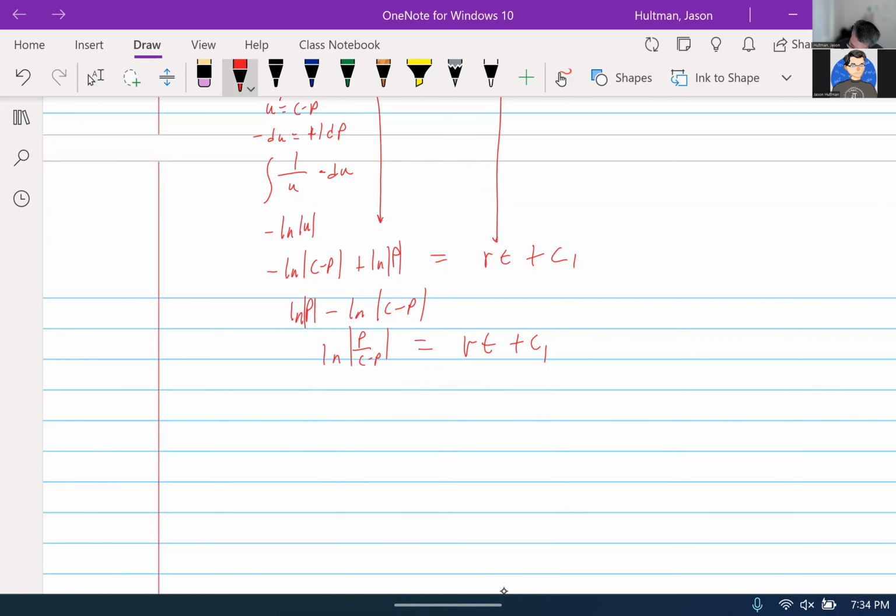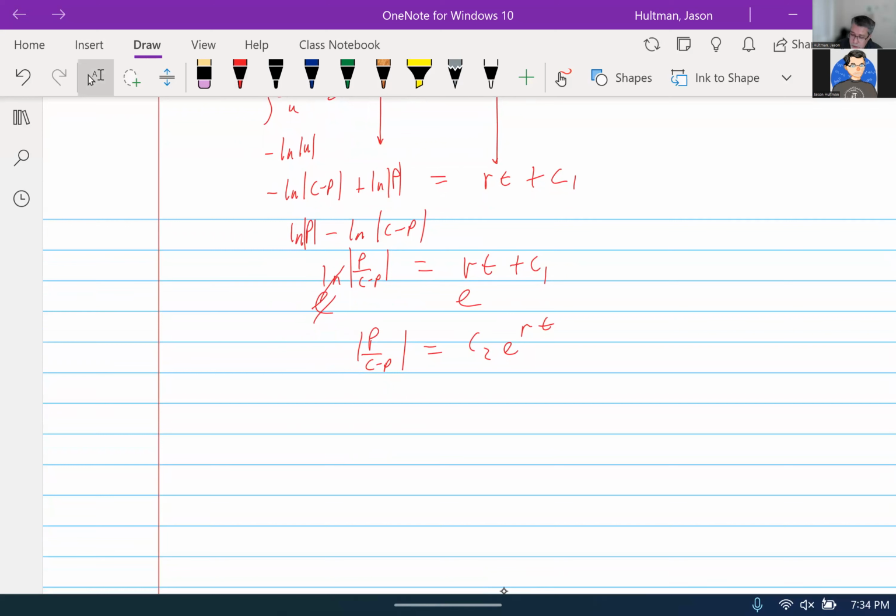So the natural log of p, let's make this base e. Absolute value of p over c minus p is equal to C2 e to the rt. And then I'm going to do my little trick with the absolute value, basically turning C2 into C. I can get rid of the absolute value because it doesn't matter what C was, it could be negative or positive.